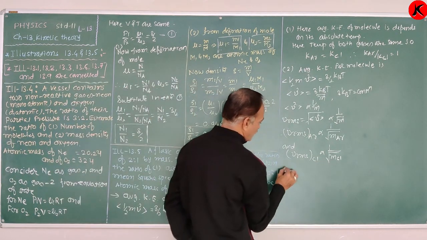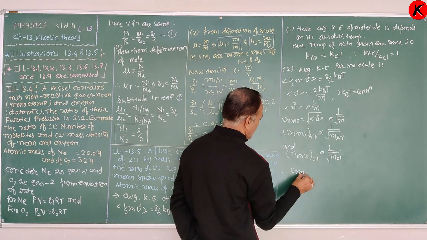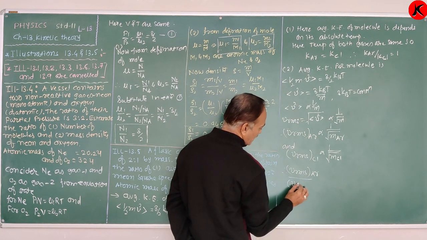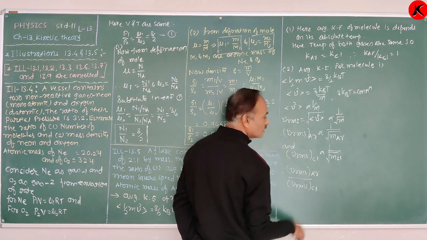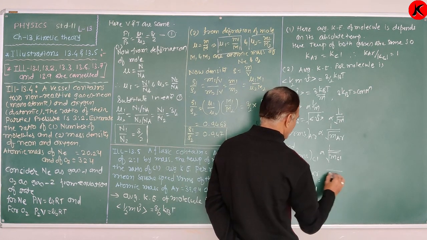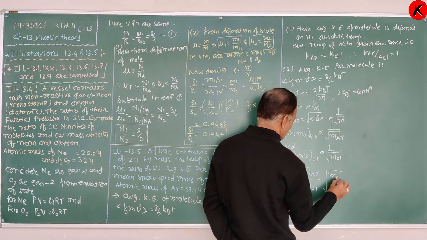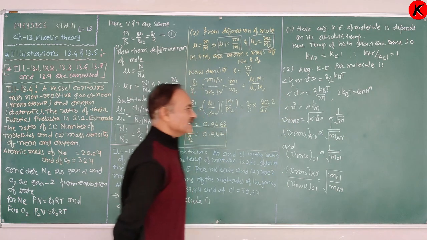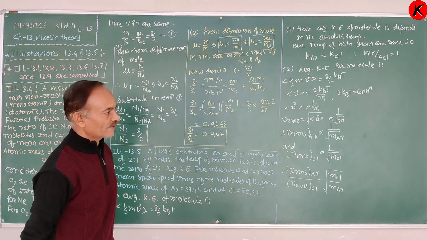Therefore, the ratio of VRMS of argon to the VRMS of fluorine is equal to under root of mass of fluorine to the mass of argon.